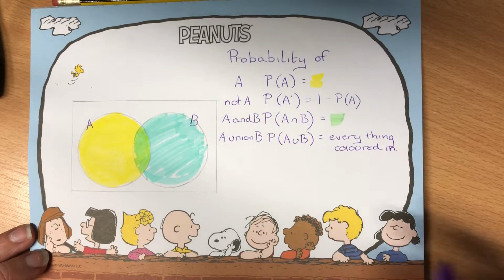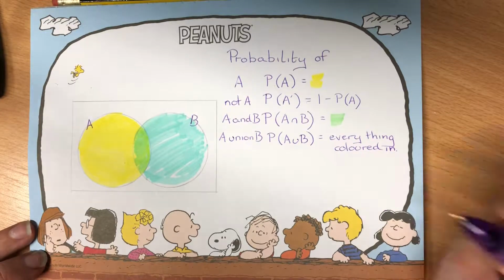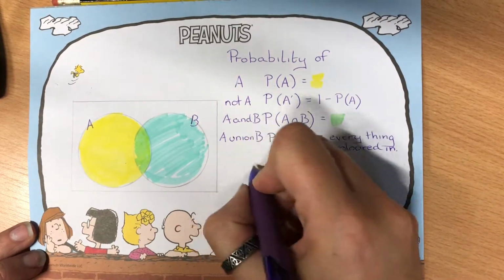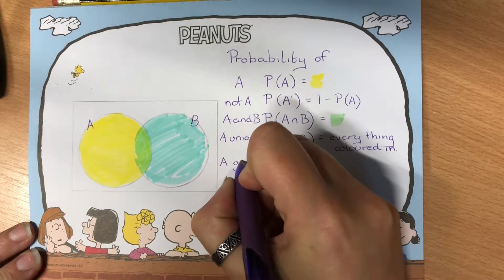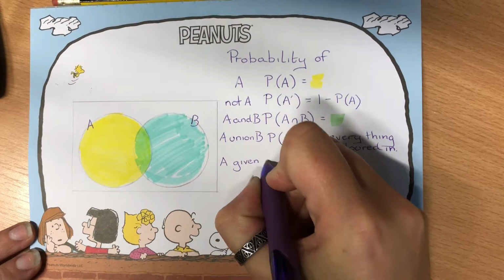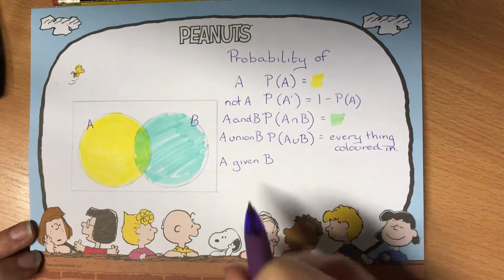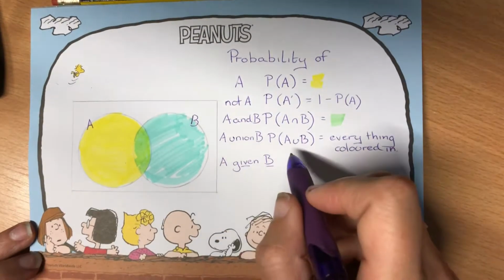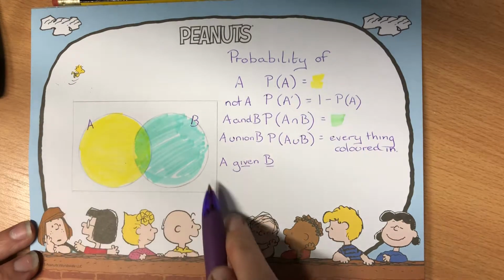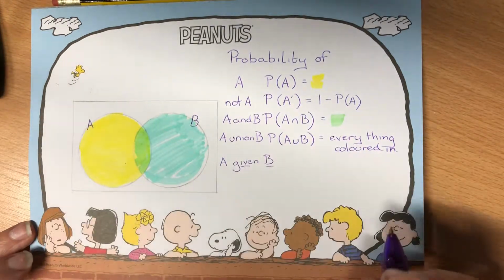Other things that we need to know about is if we wanted the probability of A given B. So if we know that B has definitely happened, then we're not doing it out of the whole thing.